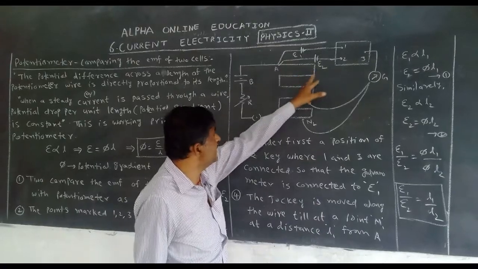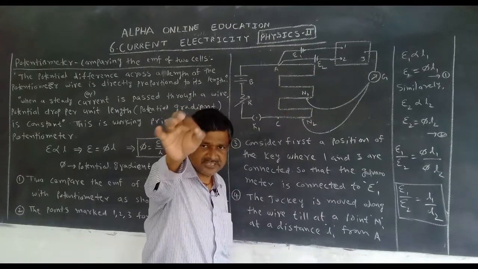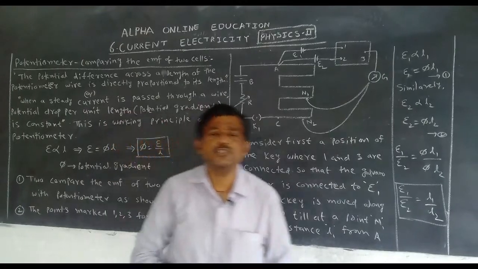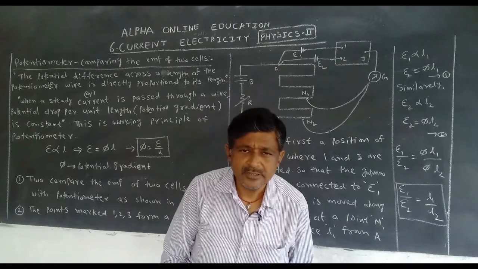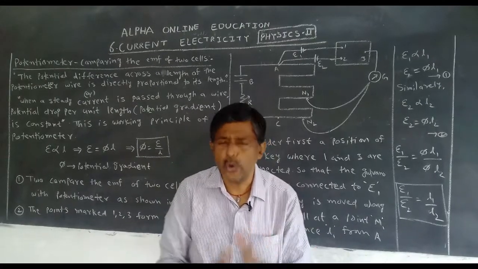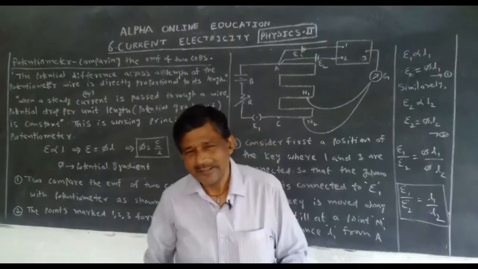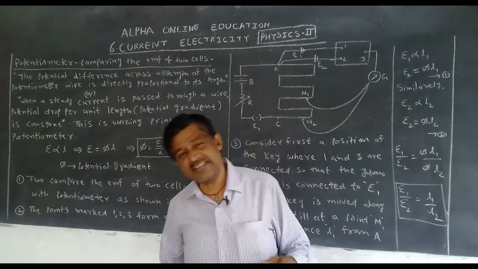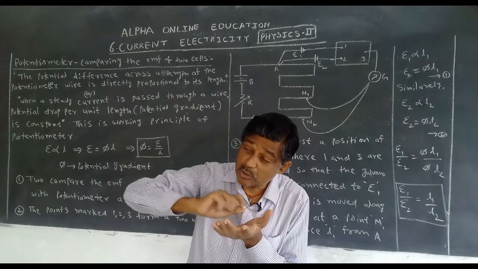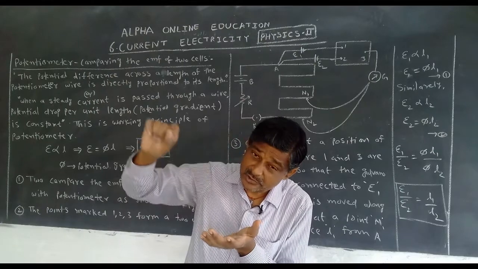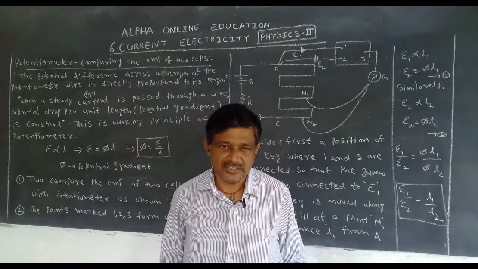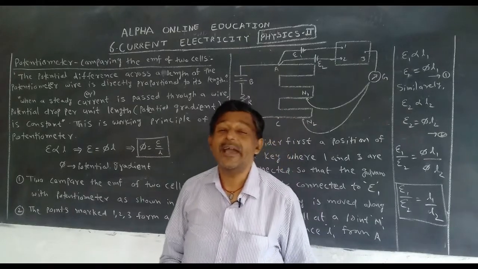When the length increases, sensitivity increases. If you take more than 10 meters also, there is no rule, and sensitivity increases further. It can find very small values. That is the importance of the potentiometer wire length.